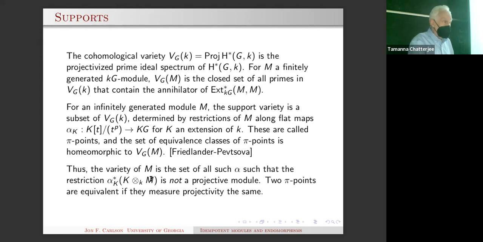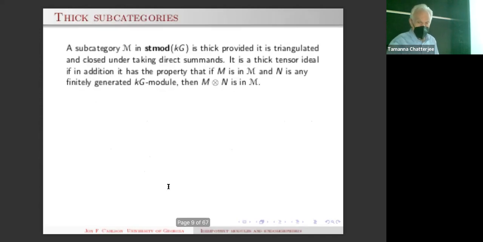But that may be a generic point for some irreducible subvariety, because I am allowing this extension of fields. Okay, and we say that two pi points are equivalent if they measure projectivity the same way. In other words, a module is projective for one if and only if it's projective on restriction to the other.